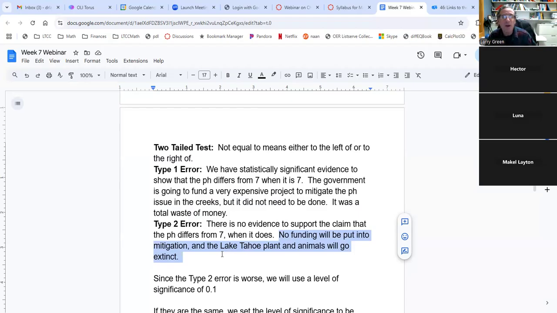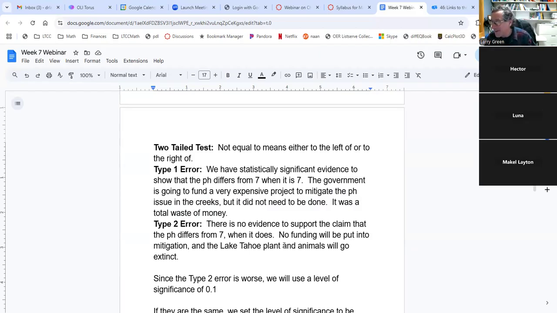Which is worse, by the way? This depends on how you feel. Which do you think is worse, type 1 or type 2? Do you think it's worse to just waste a whole lot of money, or do you think it's worse to let the Tahoe plants and animals go extinct? If you're living in Tahoe, I hope you think that type 2 error is worse.